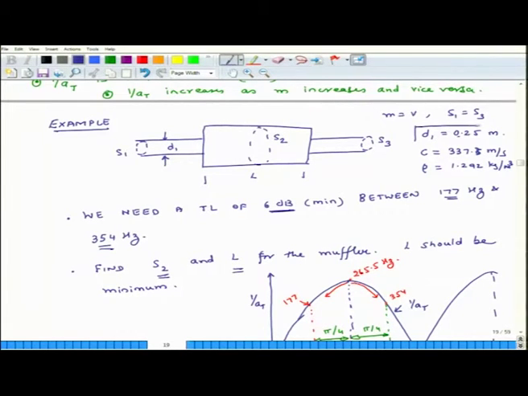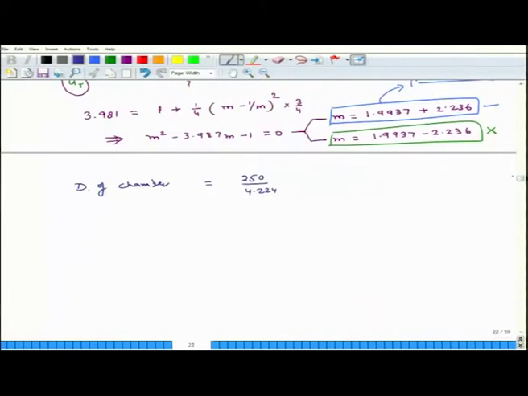So, d1 is small d, this is 0.25, we are interested in this d. So, whatever is the ratio of capital D and small d, and if you square it, that will be same ratio as m. So, that is how we are getting this expression. So, d of chamber is 250 divided by 4.224, the whole thing under square root, and this gives us 514 millimeters.